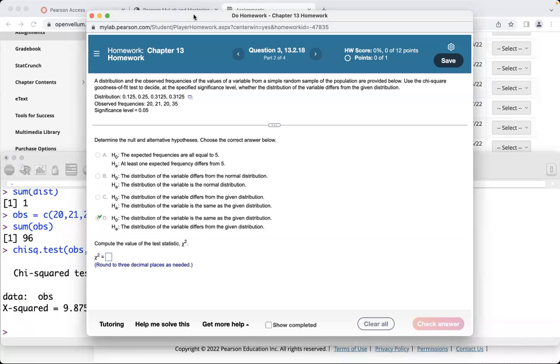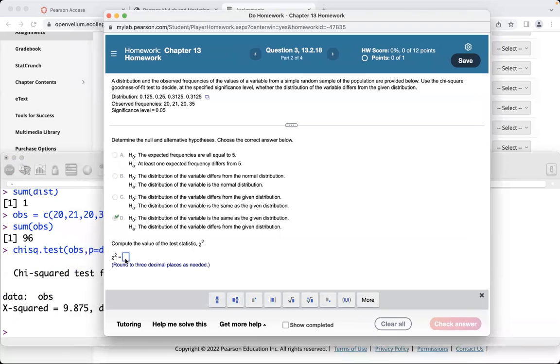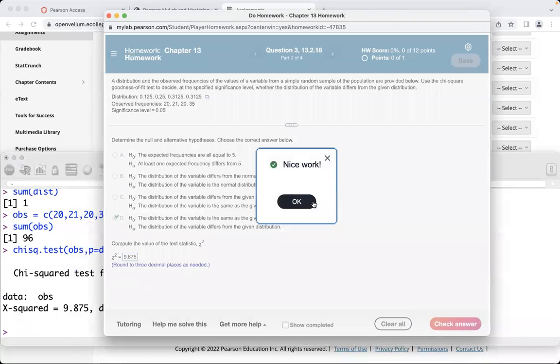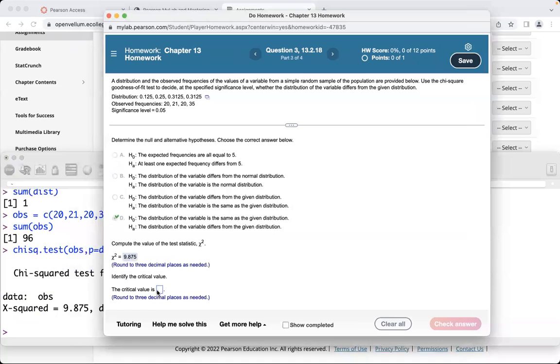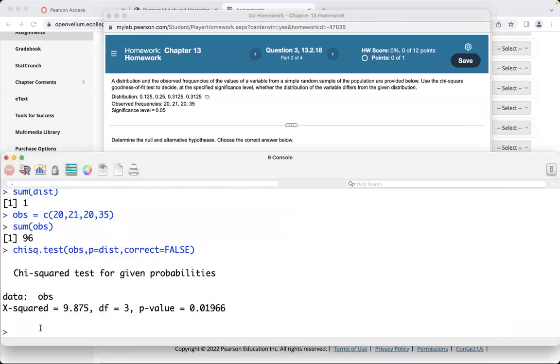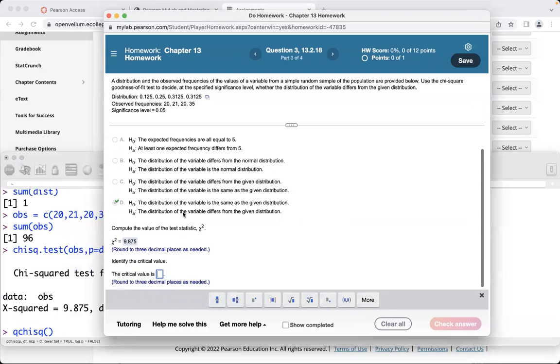The chi-squared value that we got from our R code was 9.875. If you wanted to find the critical value, you again use the Q function, qchisq.